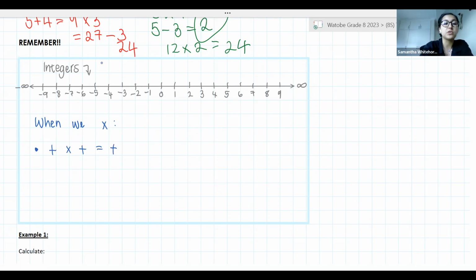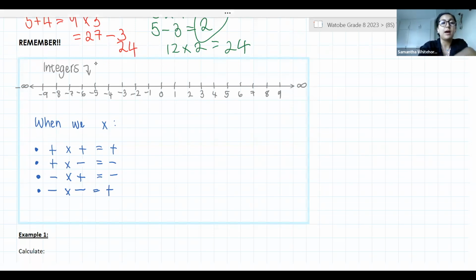There's no negatives to throw things off there, so it stays positive. A positive times a negative, or even the other way around, a negative times a positive. So if you've got two different signs, your answer will be a negative. And finally, when you are saying a negative times a negative, our answer is going to be positive.